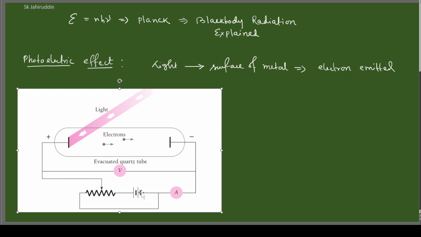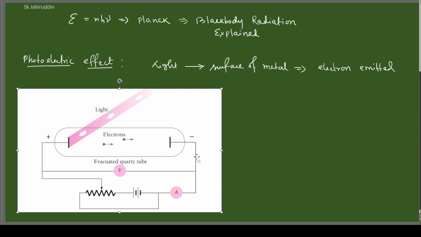If I maintain an opposite voltage, it repels the electrons and can even stop them. I'll tell you about this stopping potential. So first, light comes, strikes a surface of metal, and electrons come out of the metal.